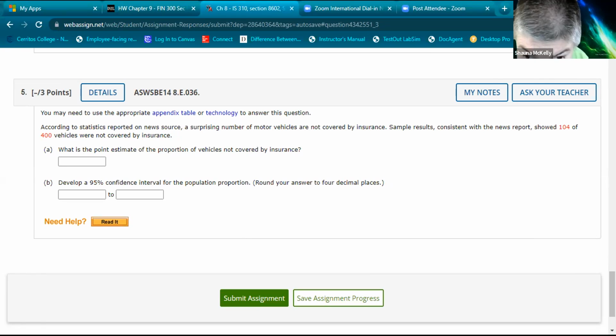Okay. So now, remember, we talked briefly about this a couple of times. We haven't actually done it because we haven't had this homework yet. But there's a difference between a point estimate versus an interval estimate, right? Is this ringing a bell anywhere?